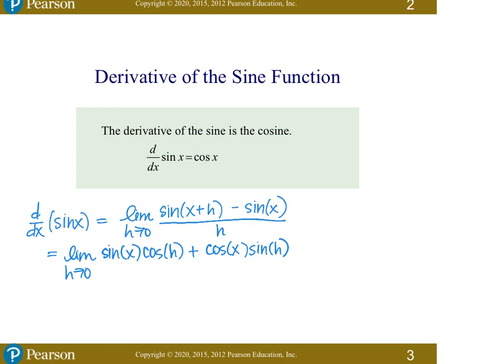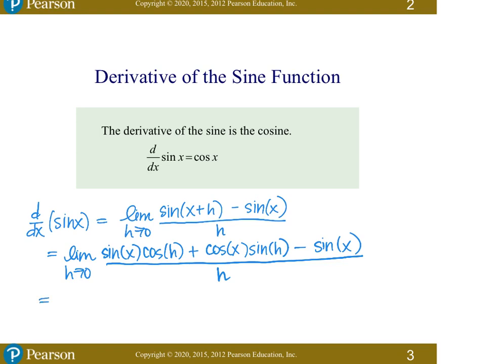And that comes from the expression sine of x plus h minus sine of x all over h. So we're just proving it now. You don't have to reprove it every single time. Once we've proven it, you can take the definition and just run with it. The only thing you would have to prove is the reverse, the cosine derivative.